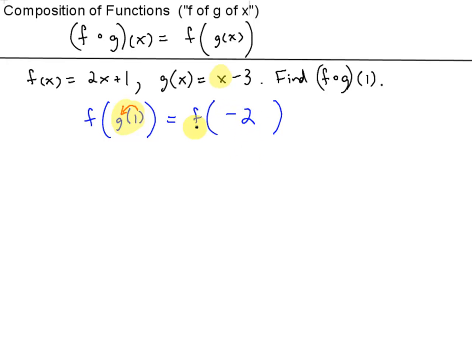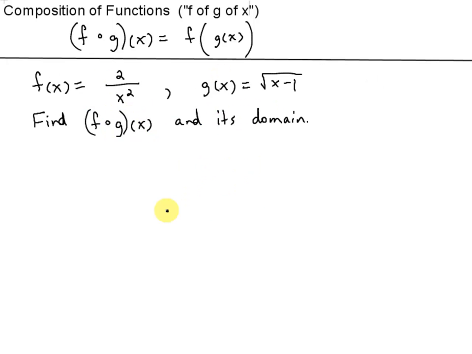Now I plug the negative 2 in everywhere there's an x in the f function. So negative 2 goes into f, and then I get 2 times negative 2 plus 1, which is negative 3. So f of g of 1 is negative 3.